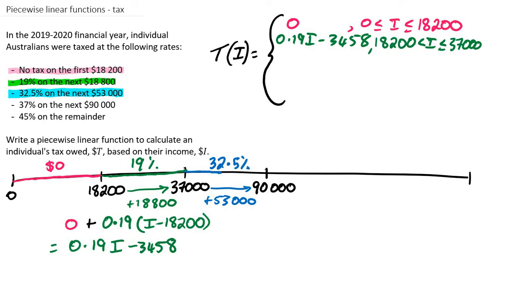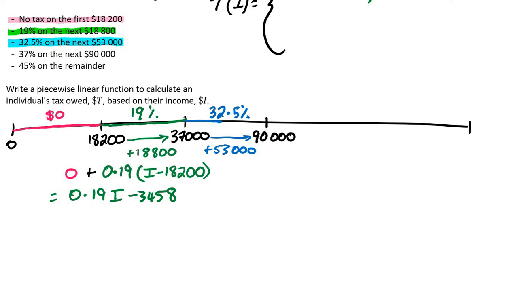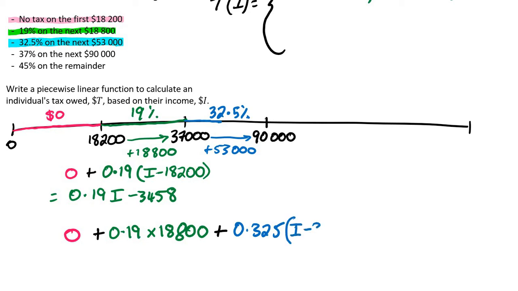What's that going to look like? Well, for this person, they're going to pay the $0 plus 19% of the next 18,800 plus 32.5% of anything over 37,000.